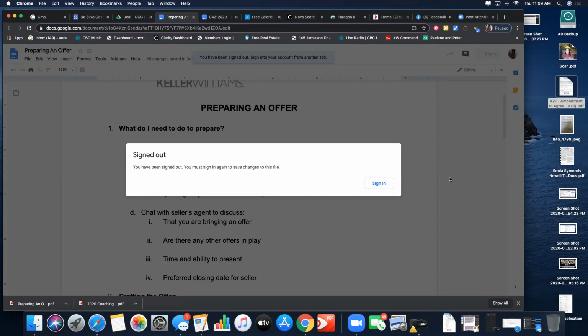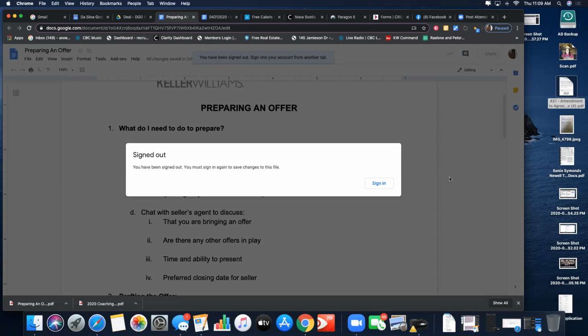Some people build in a clause that says the seller will allow the buyer to view the property at least one more time prior to closing, at a mutually agreed upon time, basically saying you have to let us in one more time. Usually it's because people want to measure or do something, and have that right.